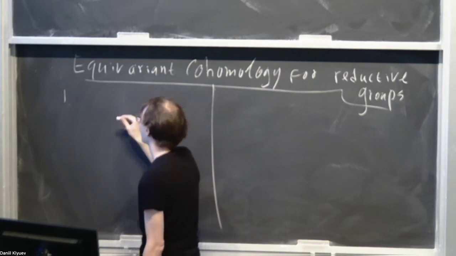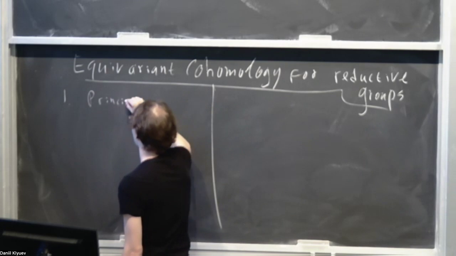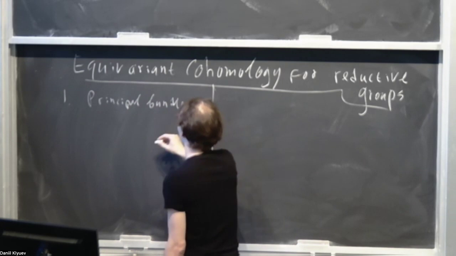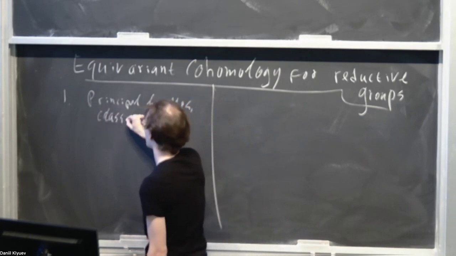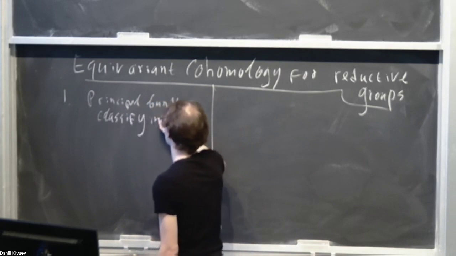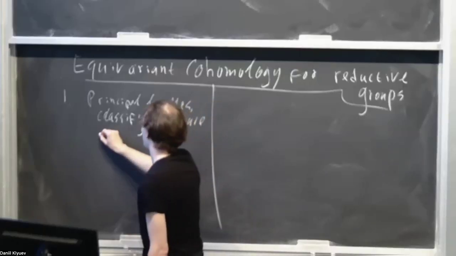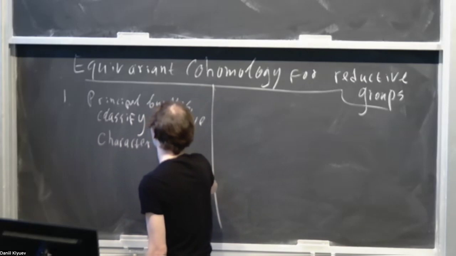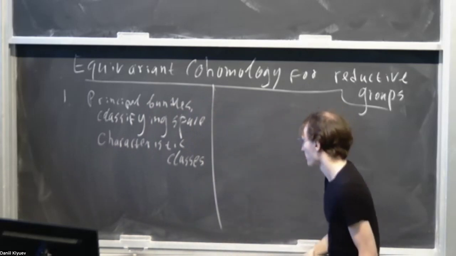So first, I will just remind the definition of principal bundles, classifying space, and characteristic classes. And the main example will be Chern classes.